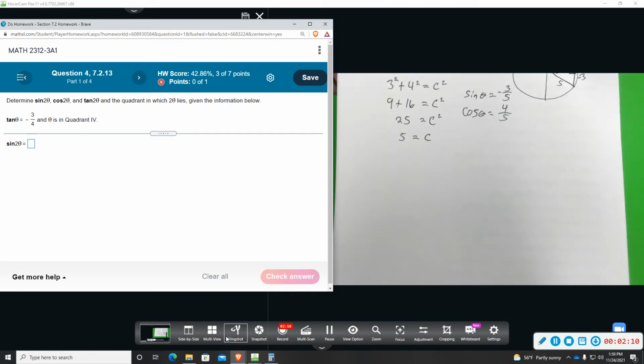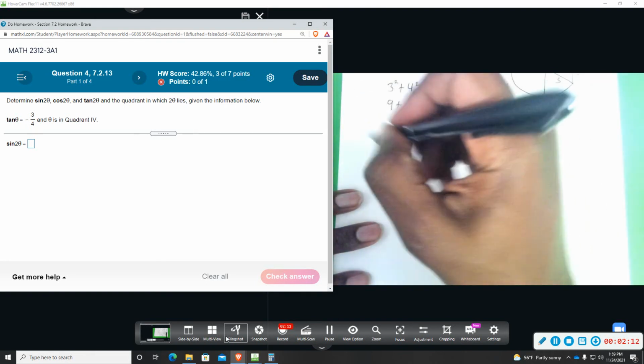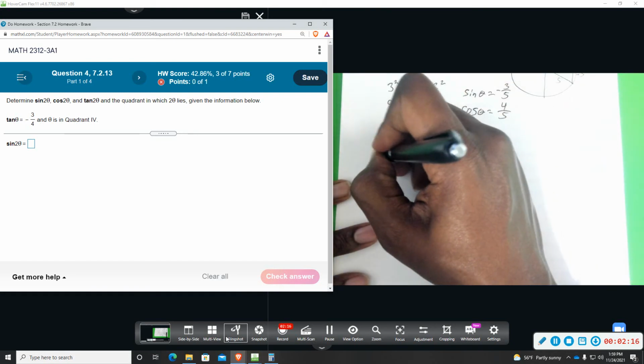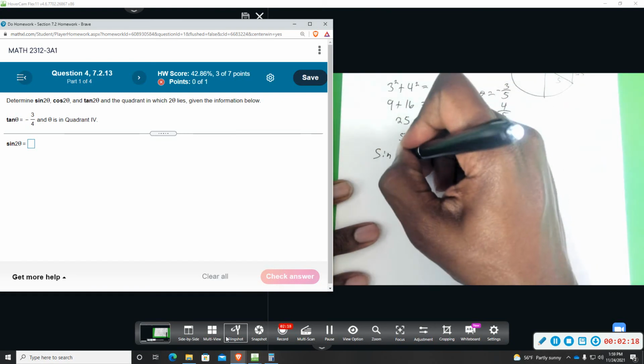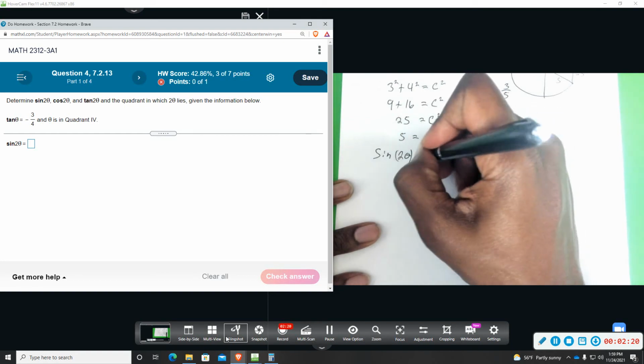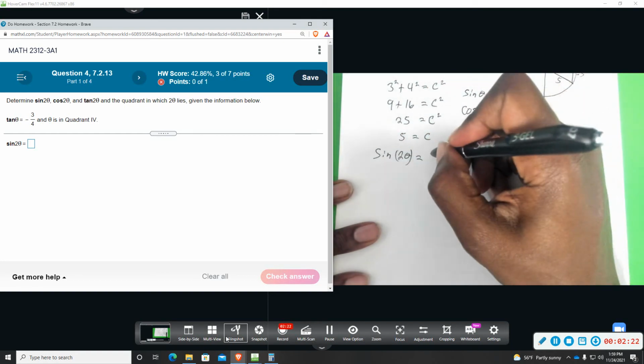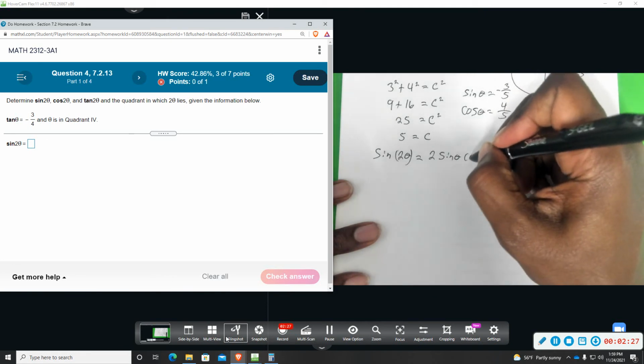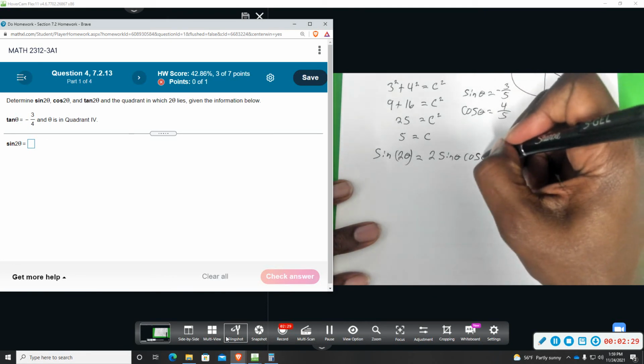So again, just use your trig cheat sheet or the formulas provided in the text, and you know that sine 2 theta equals 2 times sine theta cosine theta.